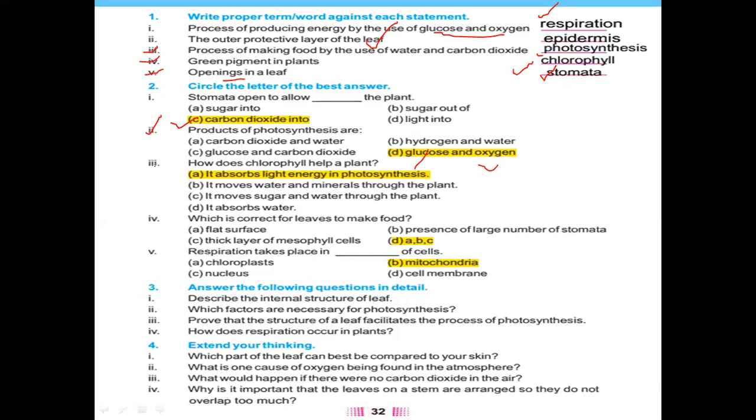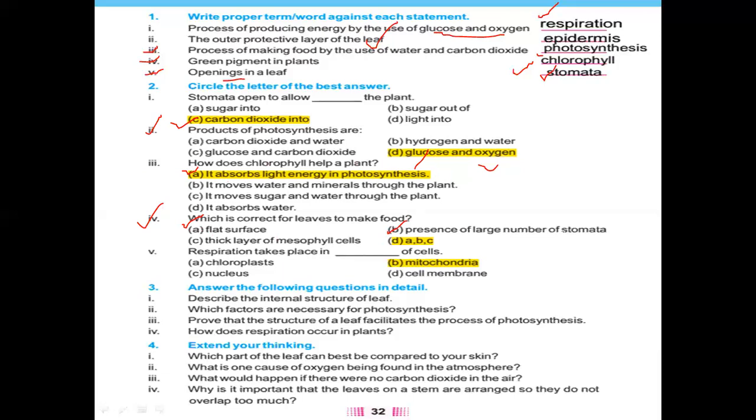Wonderful. Now, I think you all remember about photosynthesis and respiration. Number 3, how does chlorophyll help a plant? Yes, it absorbs light energy for photosynthesis. Very good. Now, number 4, which is correct for leaves to make food? ABC, the answer is ABC. What do you mean? Yes, the leaf has a flat surface, definitely.